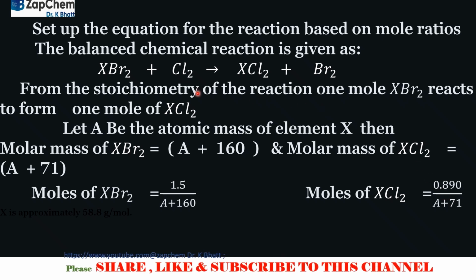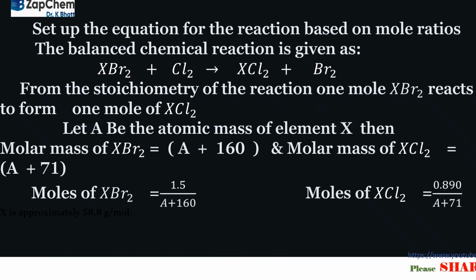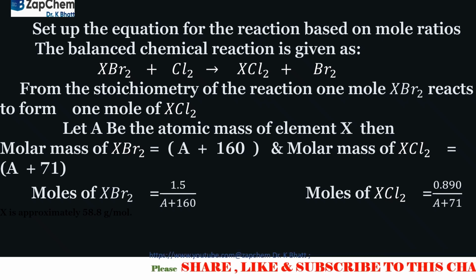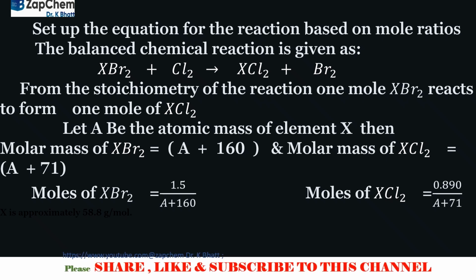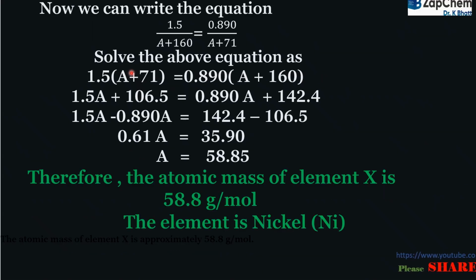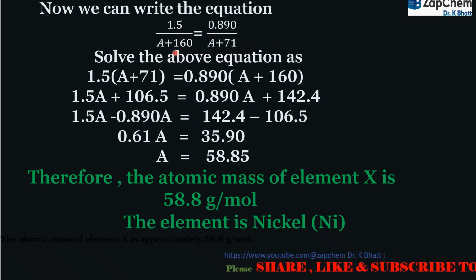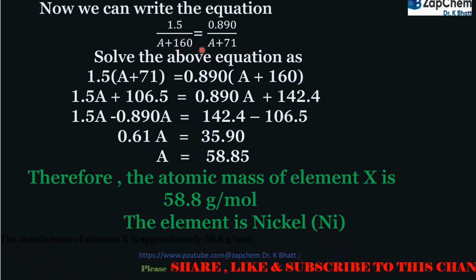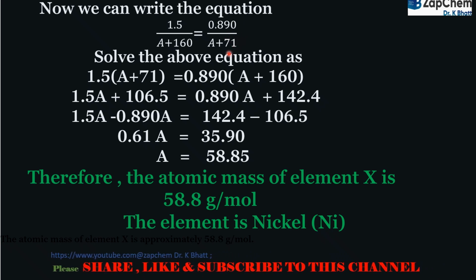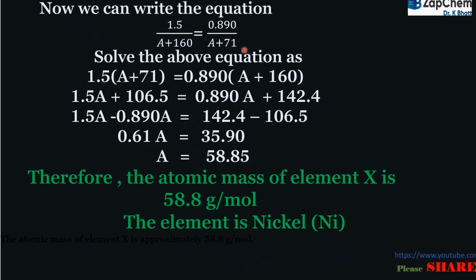Since a stoichiometric balanced equation is given, we can equalize according to the number of moles. We can write that 1.5 divided by A plus 160 will be equal to 0.890 divided by A plus 71.